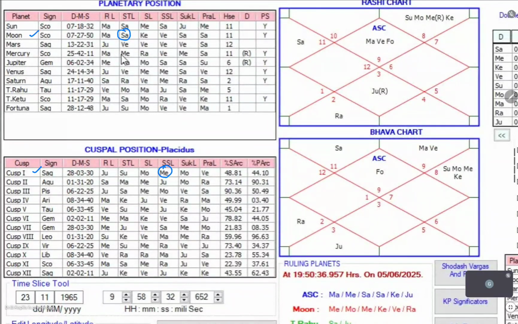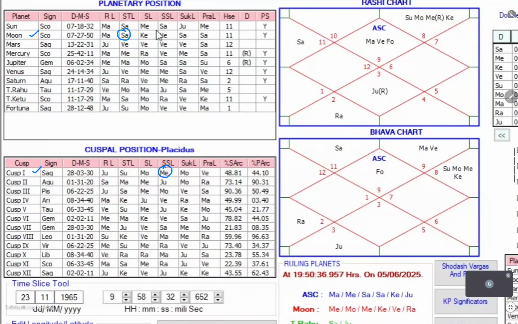Then the other planets which I can post here are all planets which are in the star, in the sub and in the sub-sub of Saturn. Sun is in the star of Saturn, so I can also take Sun here. And then Ketu is in the star of Saturn, I can take Ketu here.